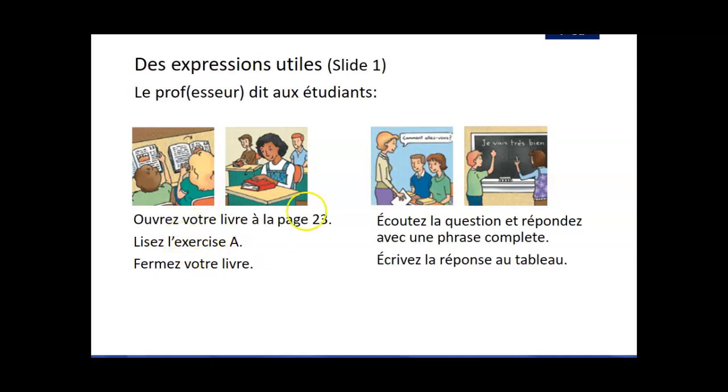Lisez is to read. So, lisez l'exercice A. Read exercise A. Of course, this is another word that's going to look very familiar to us as English speakers, exercise. Okay, and fermez votre livre. So close your book. Okay?